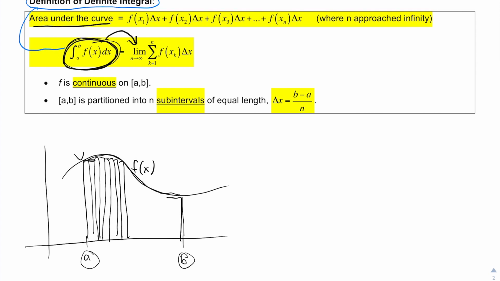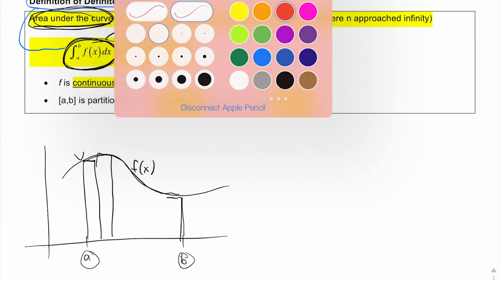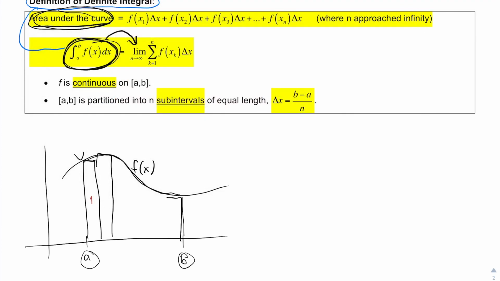So let me draw it a little bit bigger just to show you what I'm talking about. To find the area under the curve, we find the area of the first rectangle, the second rectangle, the third rectangle, until the last rectangle, right?